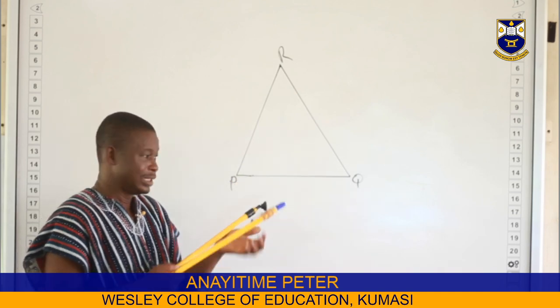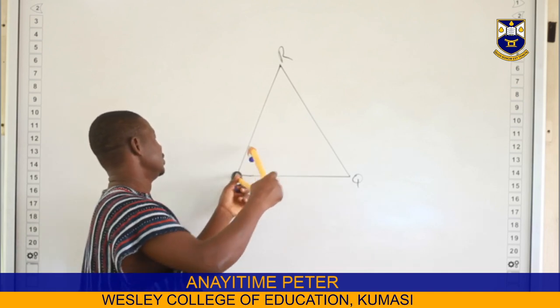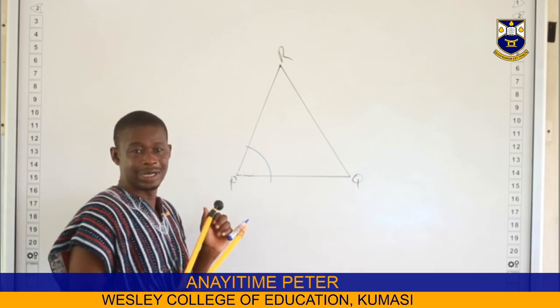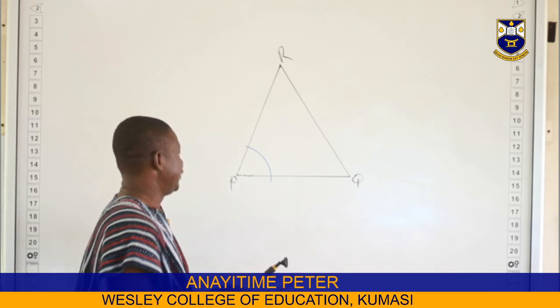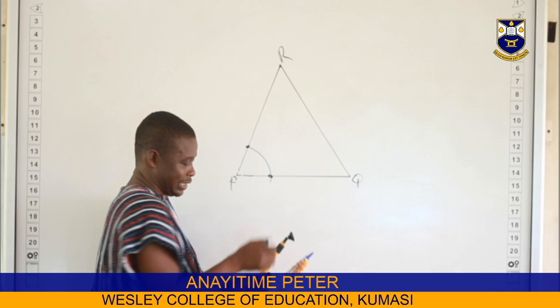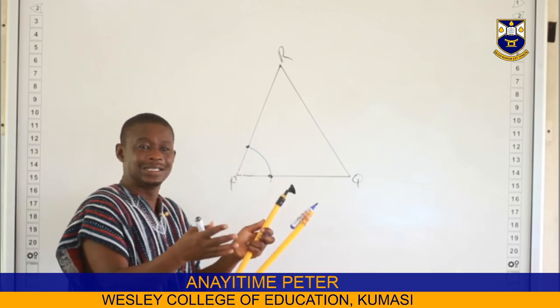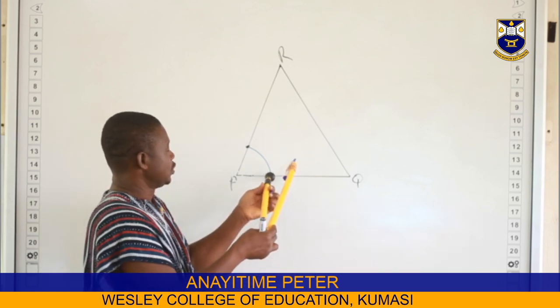First, I open the compass and draw an arc to cut the two arms. So I have this point here and this point here. This one is just similar to bisecting an angle, as we did.